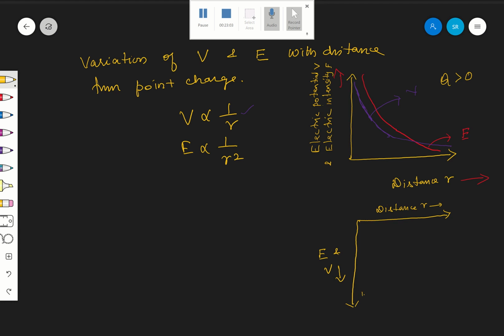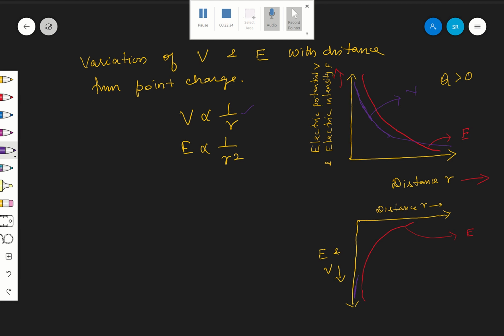E will change as 1 by R square, therefore it will be like this. This is your E, variation of E with distance. But now what I want to draw is V. V goes like that.